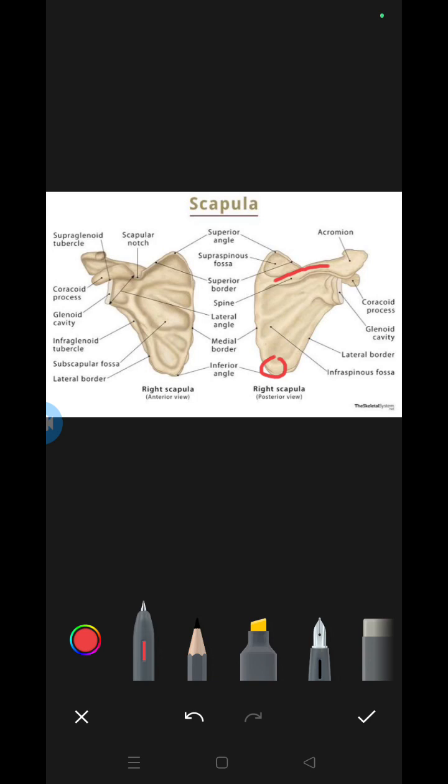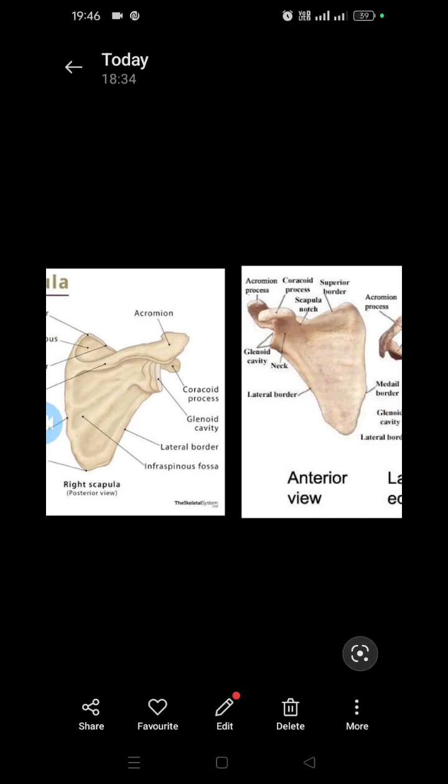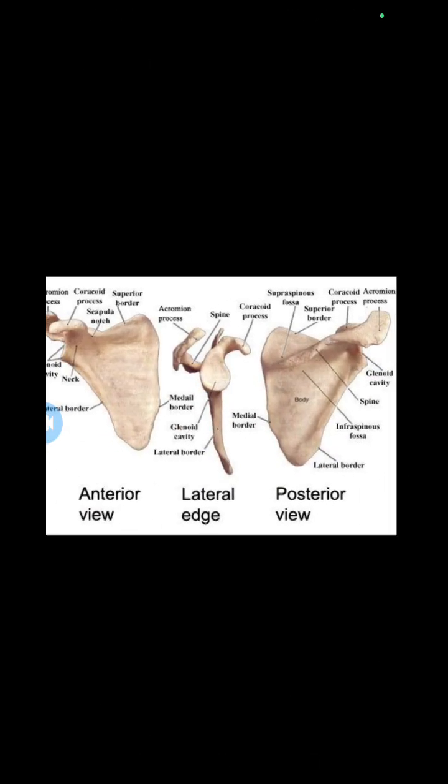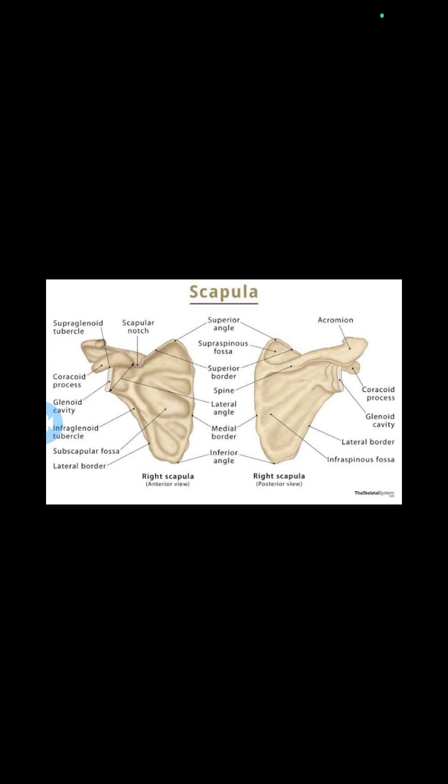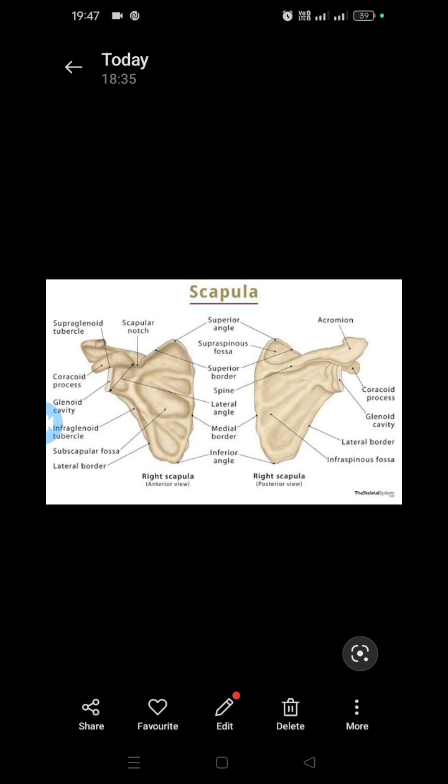A supraglenoid tubercle is present above the glenoid cavity, at the superior part of the glenoid cavity.